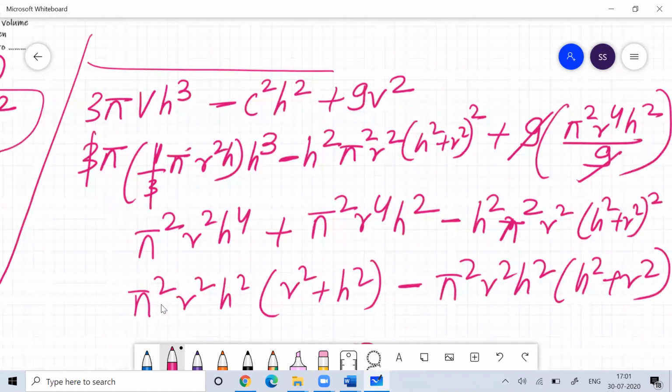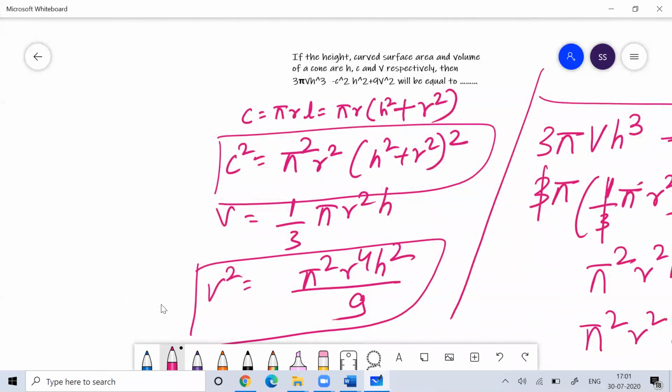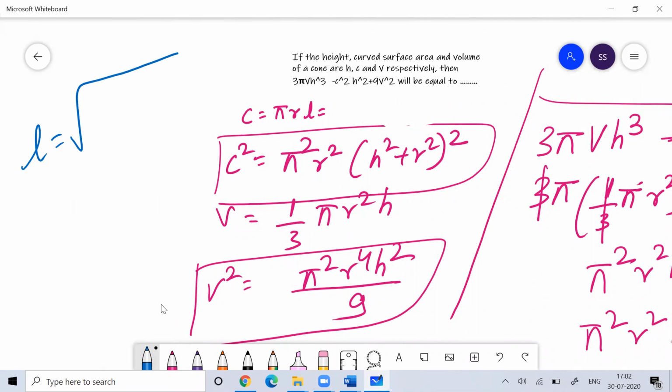You need to understand here that when you see C is pi r l, what is l? l is the slant height. l is equal to root of h square plus r square. So this is pi r root of h square plus r square. So if you do the squaring of that, you'll get this.